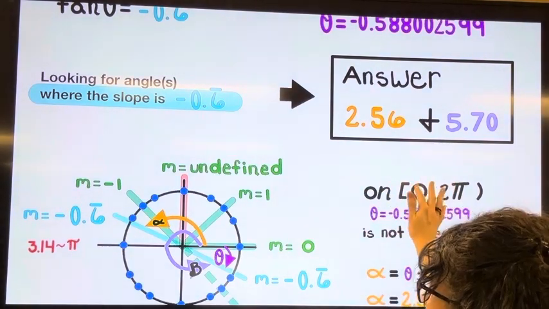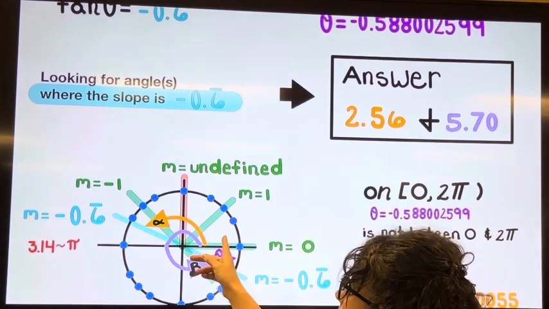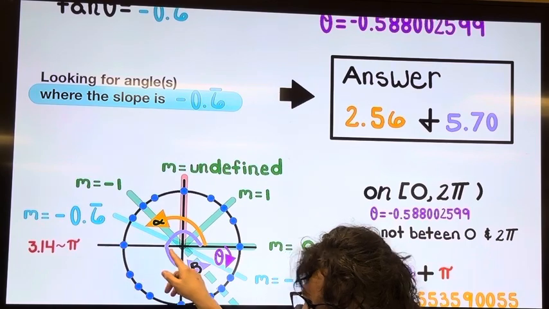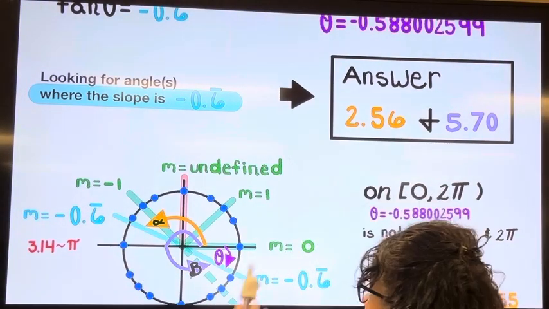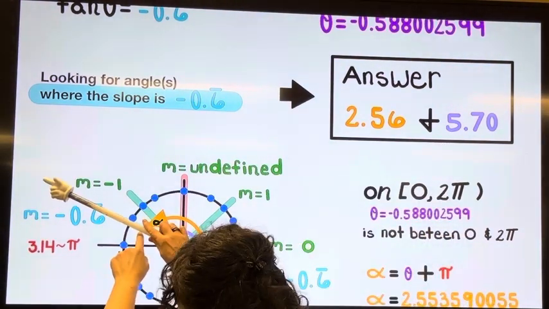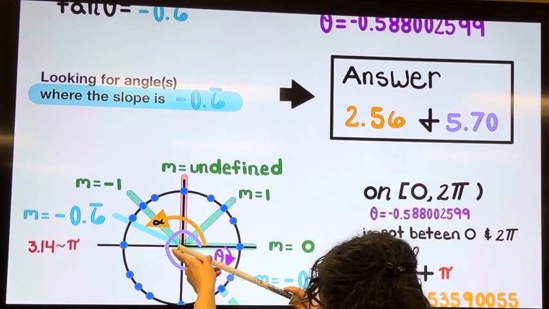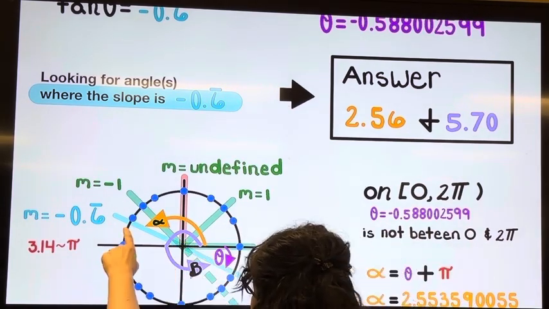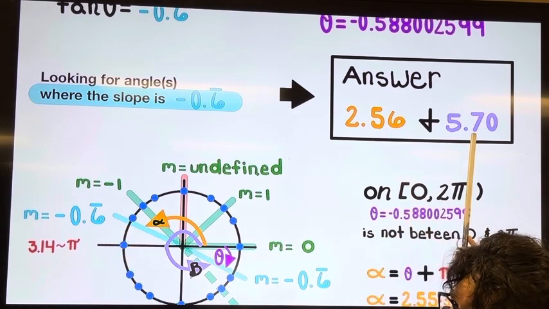These are the angle measures where the slope of the line on that unit circle right here, the slope of this line is -0.6, the slope of this line is -0.6, and that happens at both of these angles.